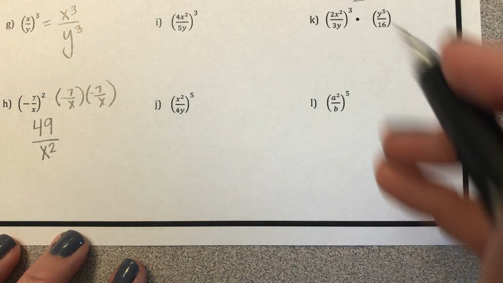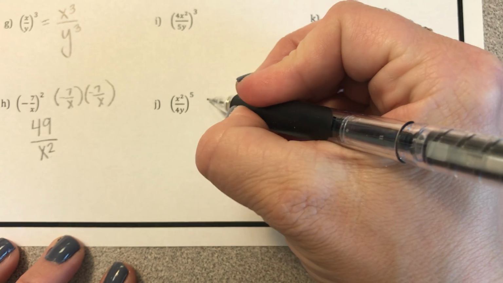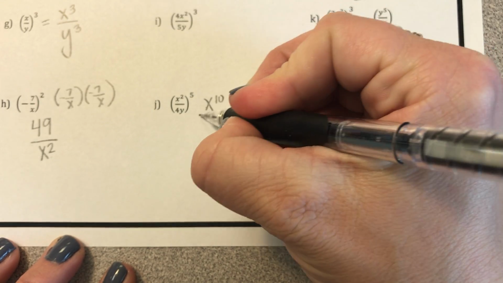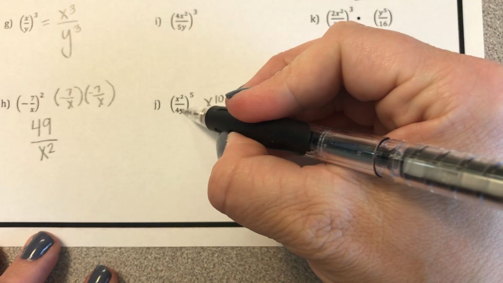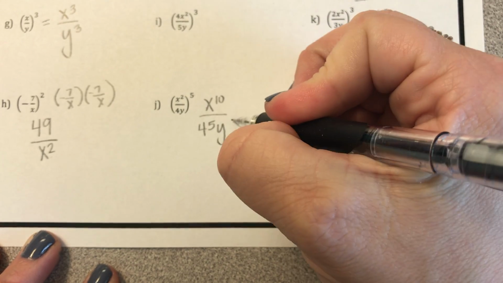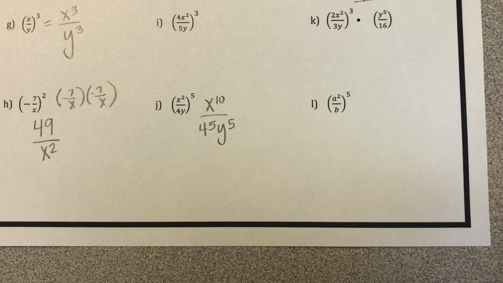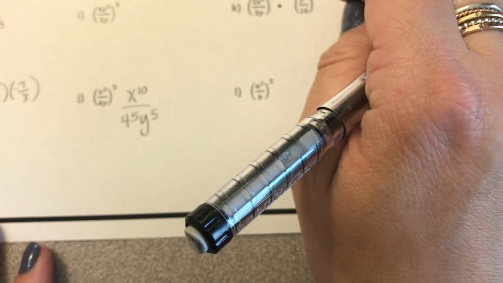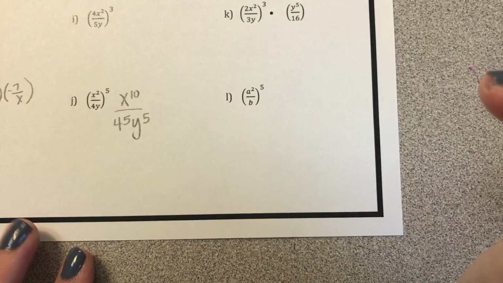Okay, let's look at J. I have x to the 2nd to the 5th. That's x to the 10th over y to the 5th. And then letter, oh, I skipped a bunch.